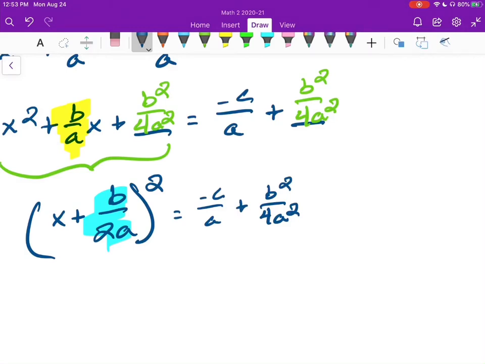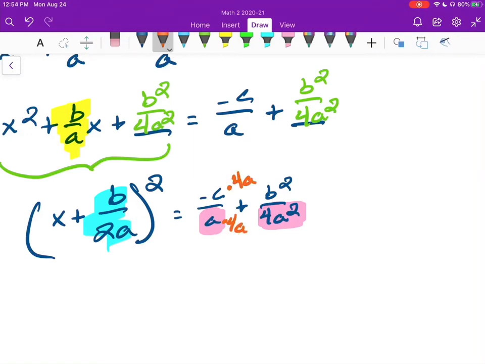Now, before I continue, I want everything on the right side of the equal sign to be one fraction. So I'm going to have to get common denominators. The denominator on the right, I have 4a squared. I want to decide how I could turn a into 4a squared. Well, I would need to multiply by 4a, right? Then that would be 4a squared.